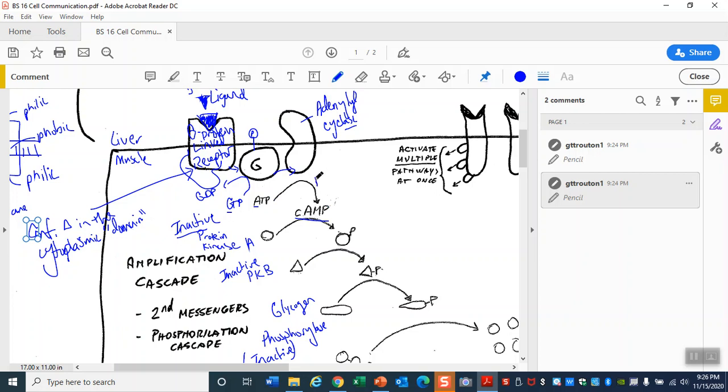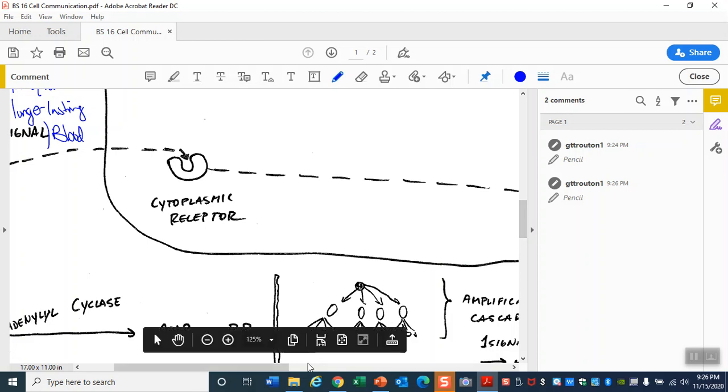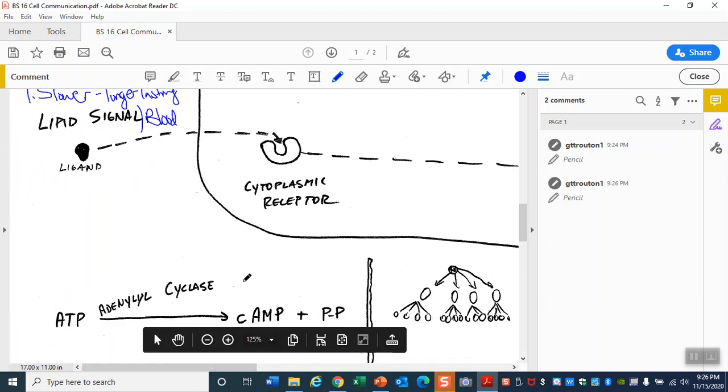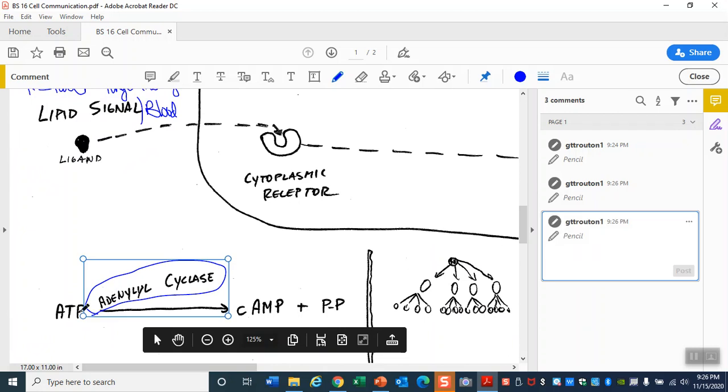So it's actually going to remove 2 phosphates. So let's scroll down and see what this does. Adenylyl cyclase catalyzes the reaction between ATP and cyclic AMP by removing 2 of the phosphates.